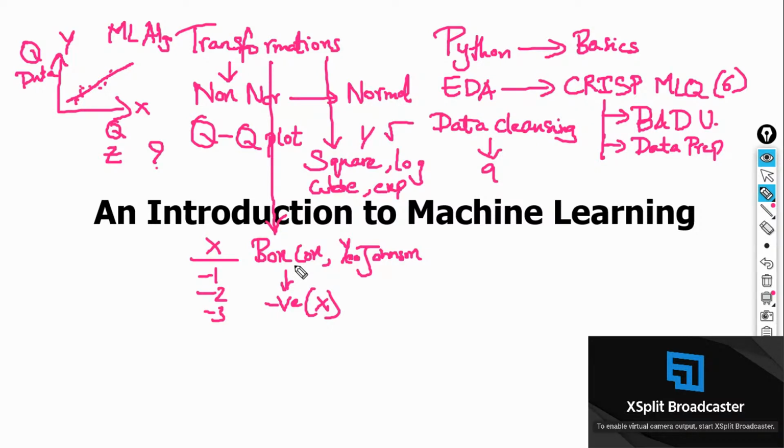So, what are the packages that we use for Box Cox and Yeo-Johnson? Any idea?